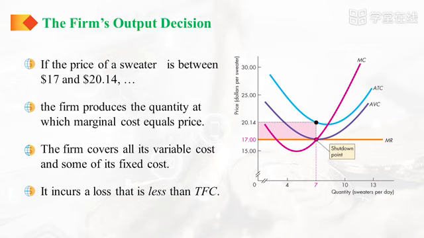When the firm faces a price between 17 and 20.14, it will still choose to produce, even though it faces this kind of loss. The economic loss is still smaller than the total fixed cost, which is the economic loss if it chose to shut down.